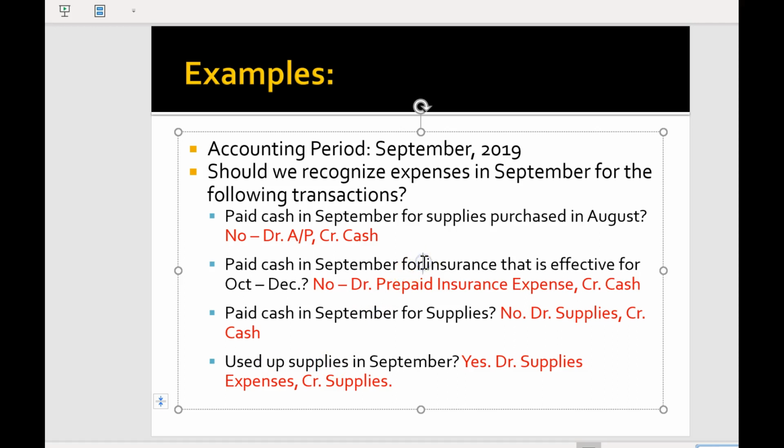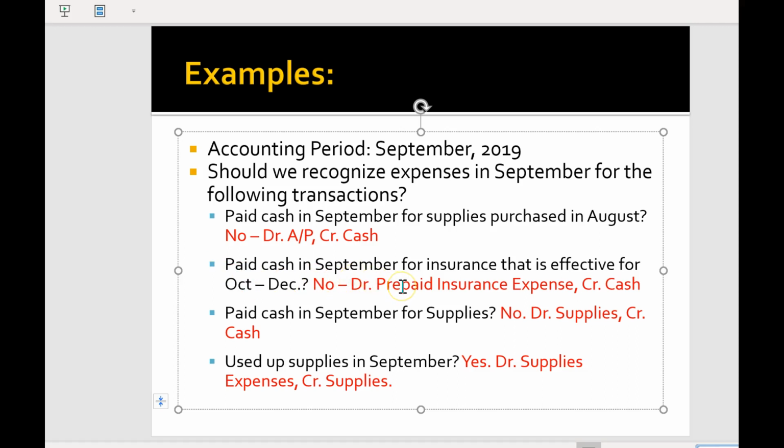Okay, again, it's the same thing. If we haven't used any insurance, it is prepaid insurance. When we are using it, we will debit insurance expense. So let's say October, right? In October, what you should do is debit 1/3 of whatever prepaid insurance you have. Let's say you prepay $90, you debit $30 of it, 1/3, because October, November, December, you use up only 1/3 of it.